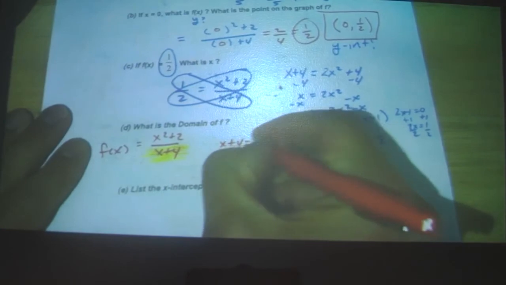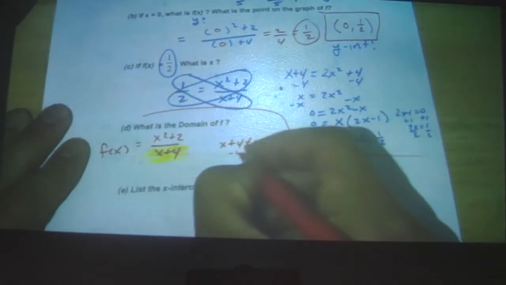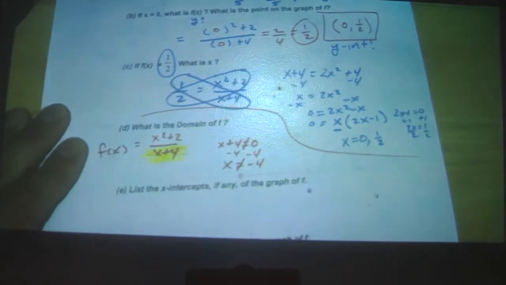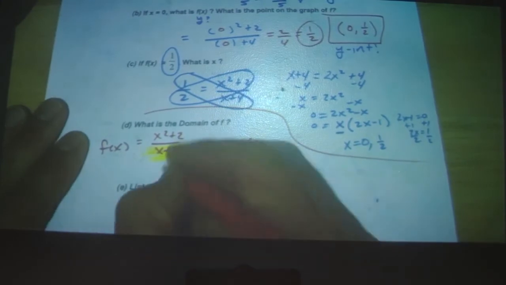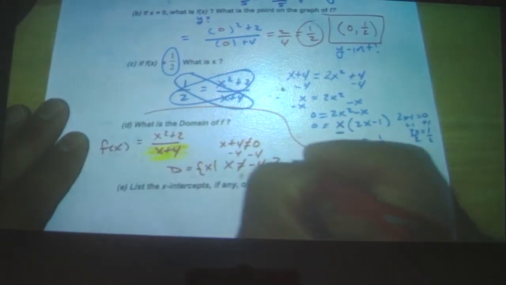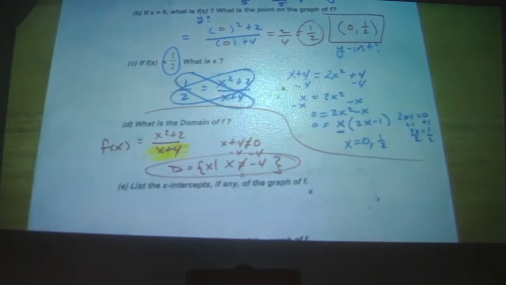X plus 4 cannot be 0. You subtract the 4 over, x cannot be -4. If they want the fancy set notation, look like this. And that's good to go.